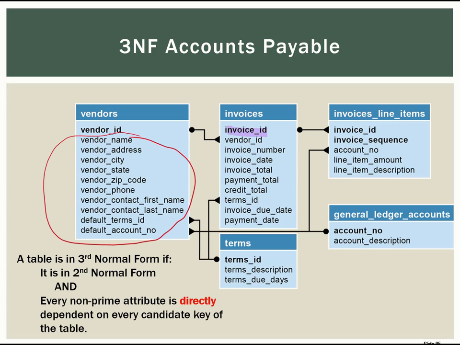And so we removed all of those and put them in their own table, and while we were at it, we decided to give it a vendor ID as probably an auto-increment simple numeric primary key. So with third normal form, the main thing we did was to remove all those vendor non-prime attributes from the invoices table into a table of their own. The rest of the changes with terms and accounts has more to do with database design than with normalization.